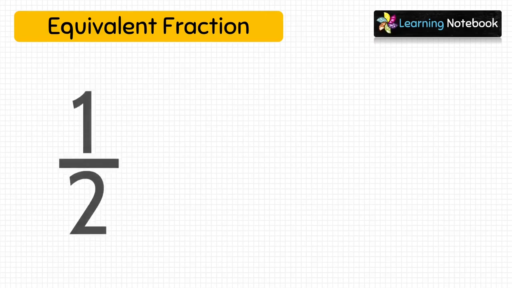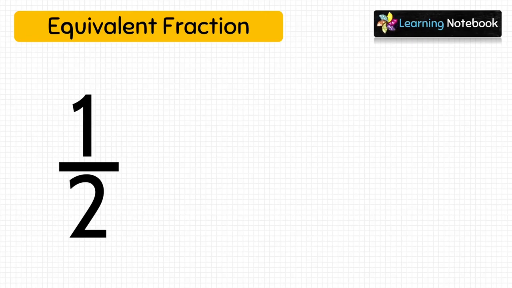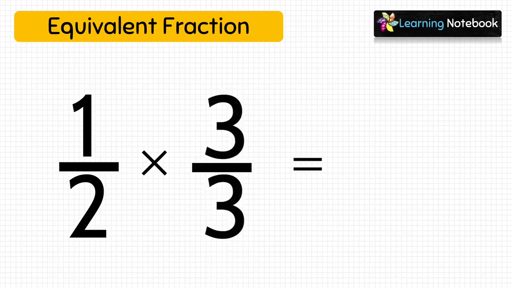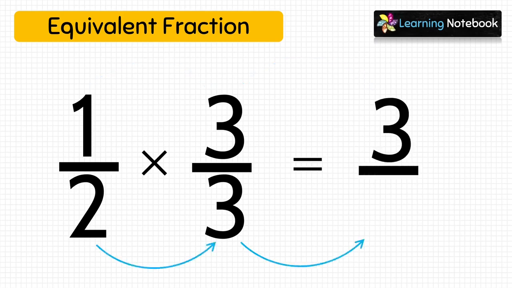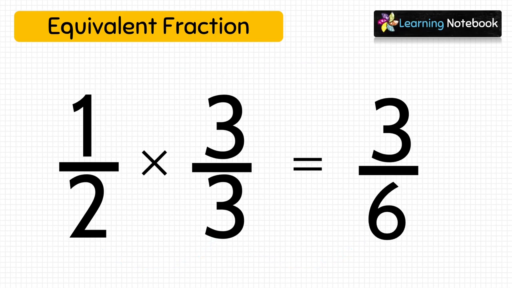Now, suppose we have to write one more equivalent fraction of 1 by 2. So what will we do? We will again multiply both numerator and denominator by same number, let's say 3. So 1 into 3 equals 3 and 2 into 3 equals 6.